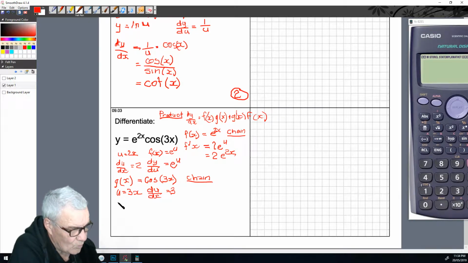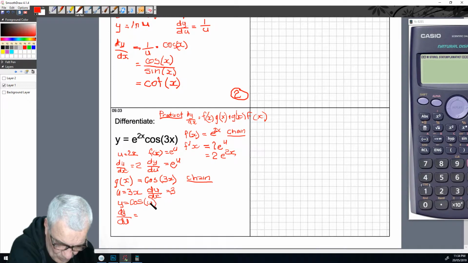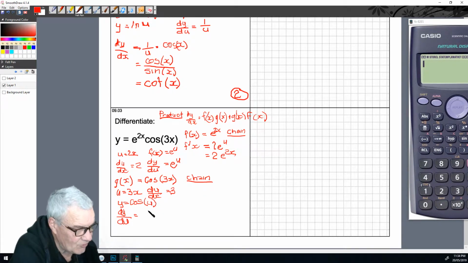Now y equals cos u in the adjusted chain rule, and dy by du equals minus sine u.